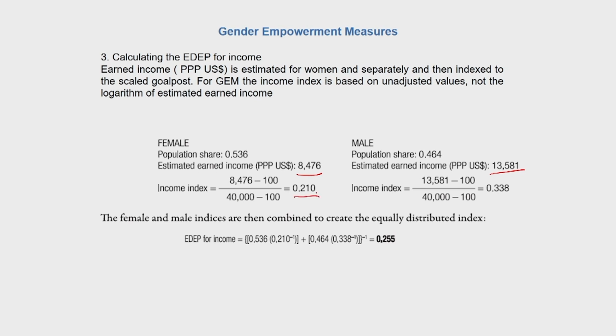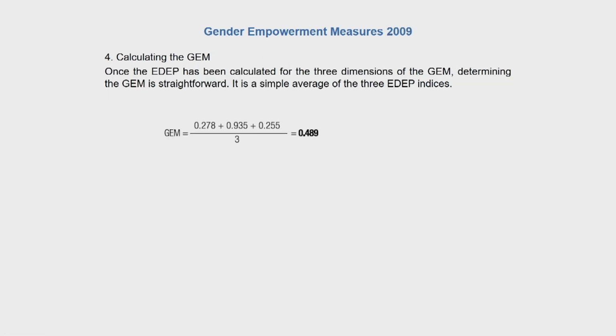So the income index is 0.210 for females, 0.338 for males, and then the EDEP is calculated as 0.255. And then we calculate the GEM as a simple average of all the three EDEP indices, which comes out to 0.489. So this is how the gender empowerment measure is estimated.